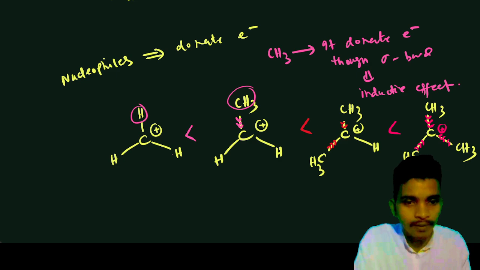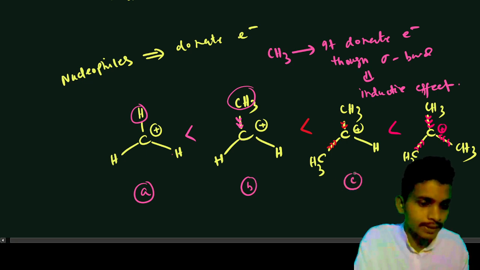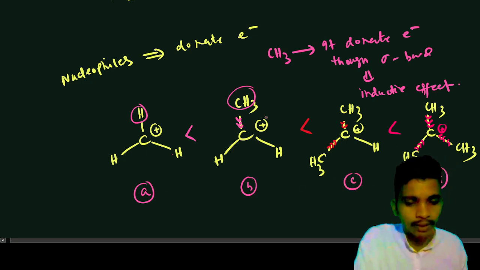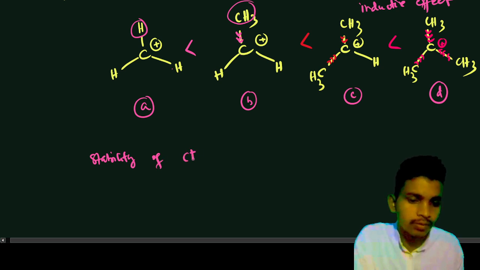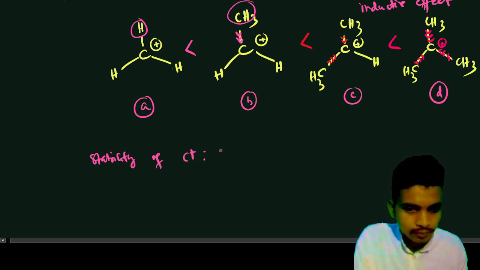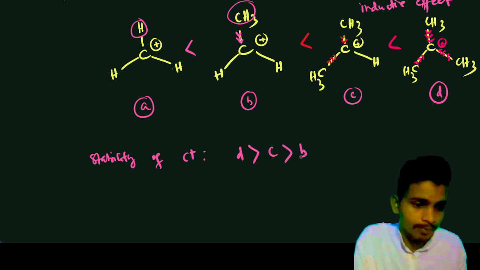If I label these A, B, C, and D, the stability of the carbocations will be: first D, then C, then B, then A.